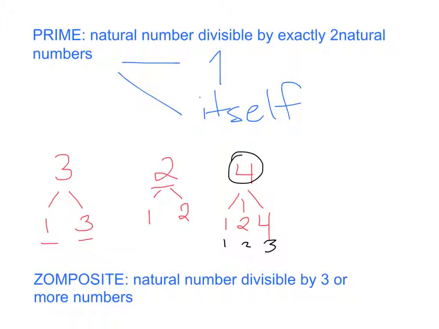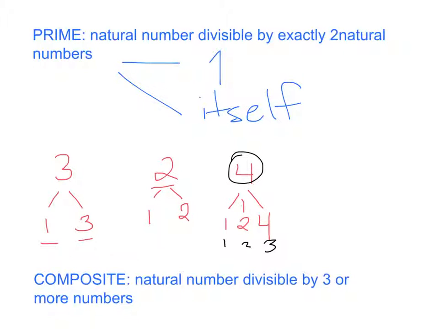4 is actually a composite number. And we don't need to write number there. Let's just write 4 is composite.